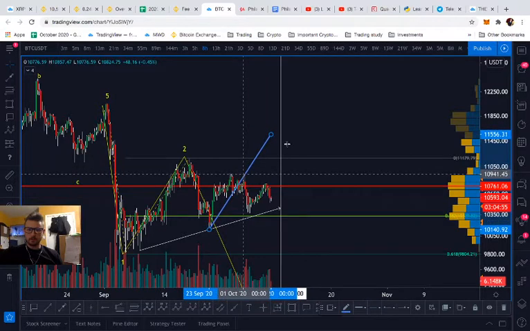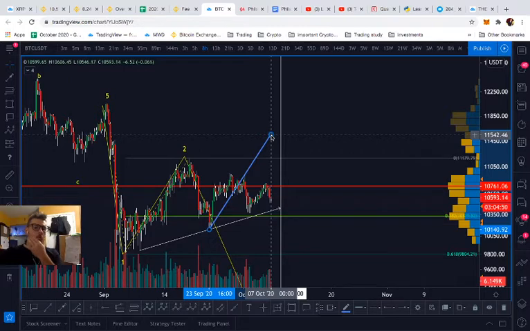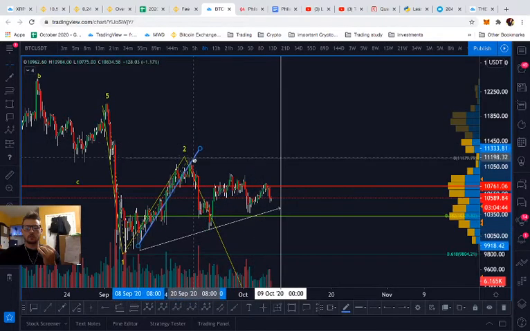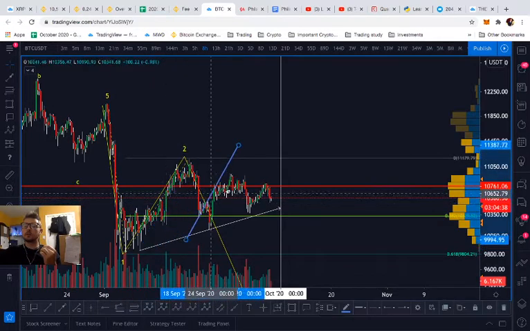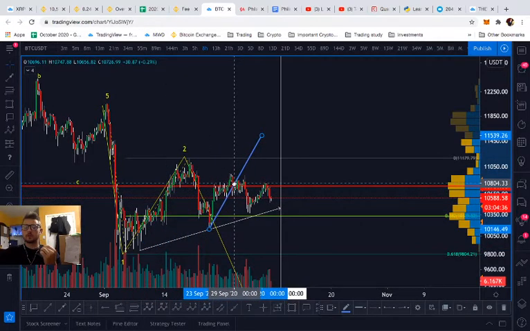Like that. Oh, by the way, that's also a good timing rule for fractals. If you want to use that one, it works pretty good for fractals.